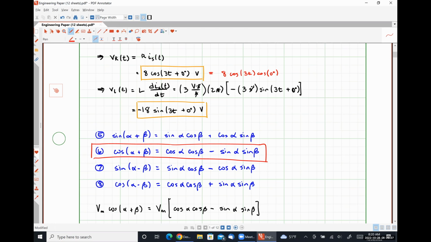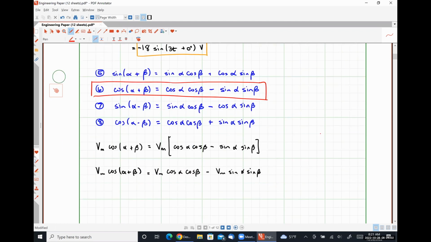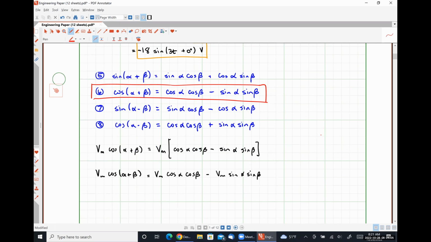And so, actually, let me swap that around. This bit right here is Vm cosine beta. That I can plug in to this expression down here.